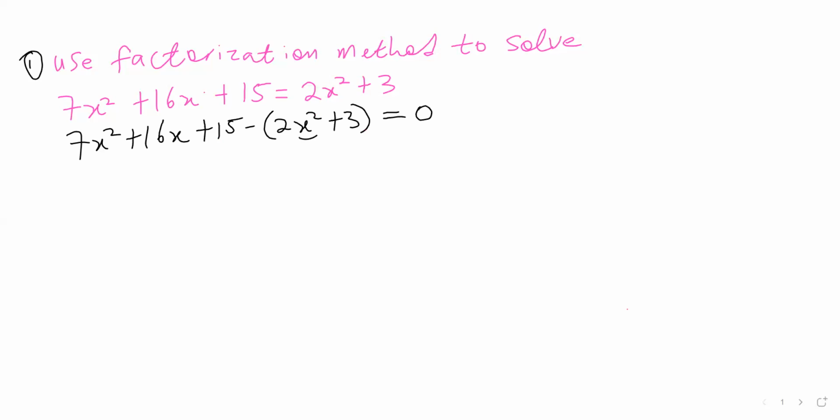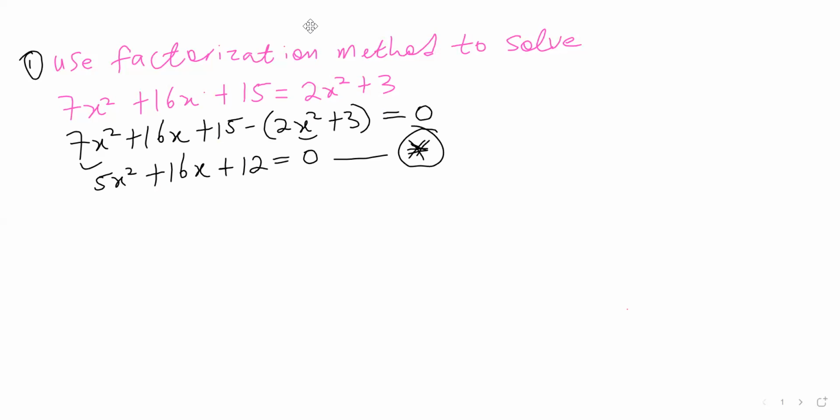So 7x squared minus 2x squared gives us 5x squared, plus 16x, and then 15 minus 3 gives us plus 12, all equal to 0. Now this becomes our star equation that we will factorize to get a solution.